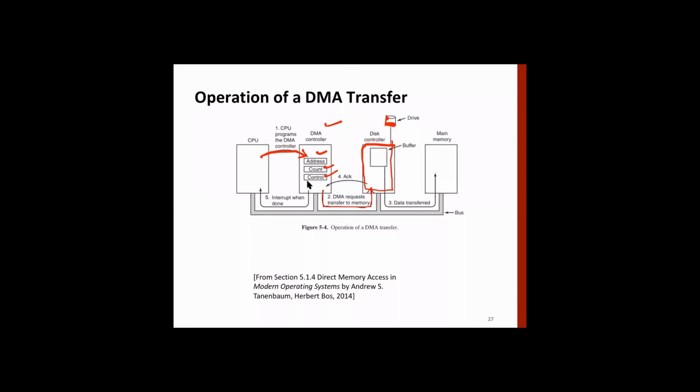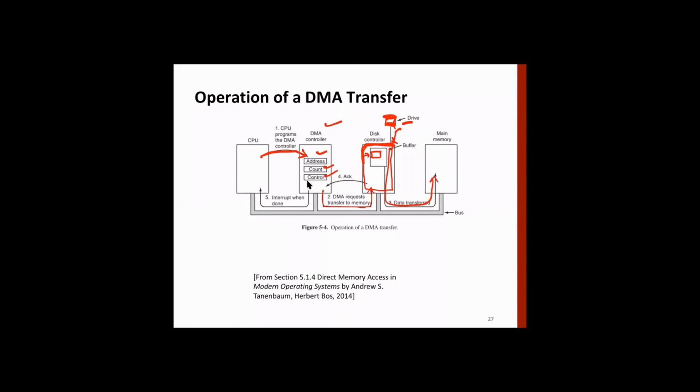Each device has a controller, so the disk has a controller. It will request the transfer of a certain amount of data, giving the block number and how many bytes are to be transferred, and then this controller will read the data from the disk and send it to main memory.